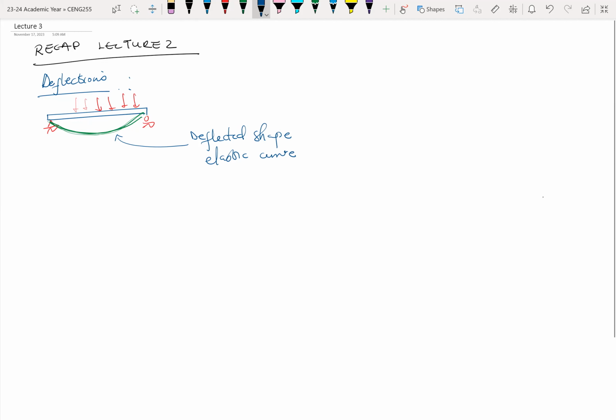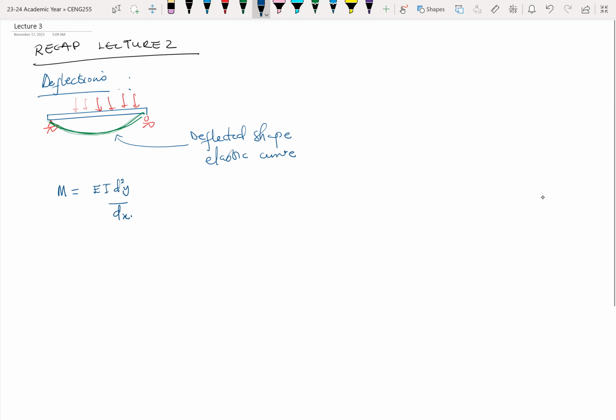Then from there, I think we formulated the Bernoulli Euler equation, and we came up with the fact that the moment is equal to, so it's a second order differential equation.